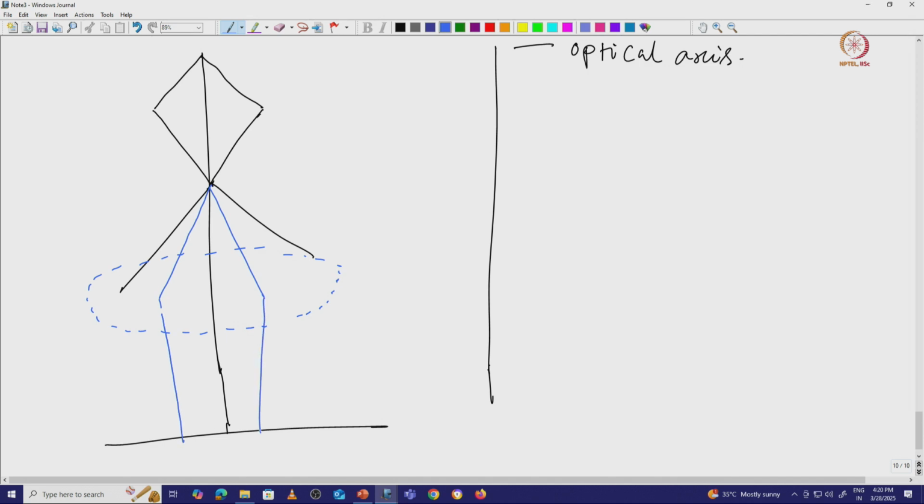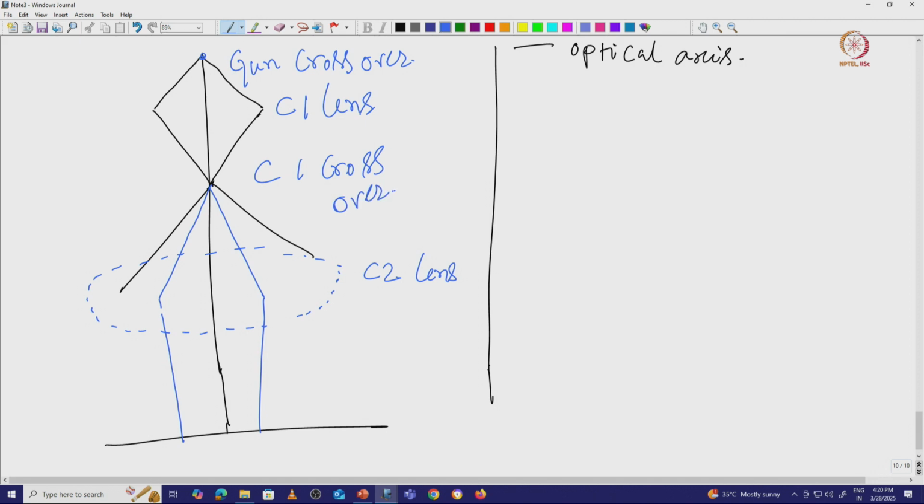So this is our C2 lens, this is my C1 lens, and this I can consider the gun crossover. And this one is the C1 crossover. Okay, so you can see this is the C2 lens.